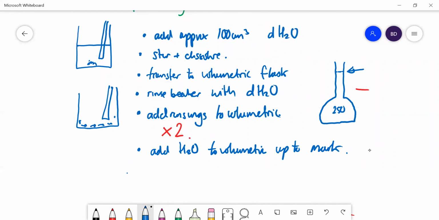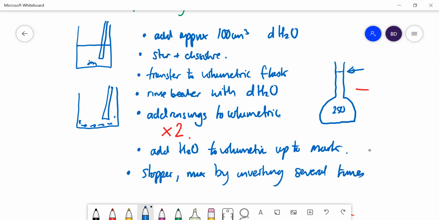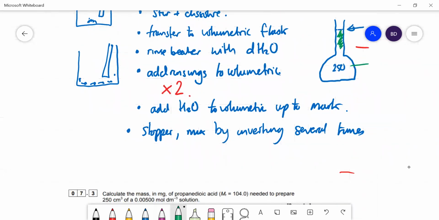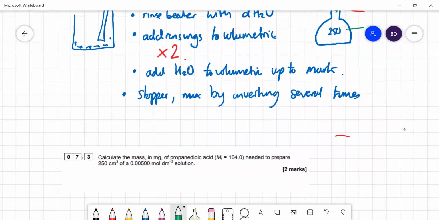Don't forget, you then have to put a stopper in the flask and mix it by inverting it, turning it upside down several times. That's really important. If you don't, you end up with mostly just distilled water in that last bit you've added, and a more concentrated solution down there than you'd expect. Okay, so that is sort of a classic 6 mark. I've answered that quite a lot of times. Okay, so that's what you do.